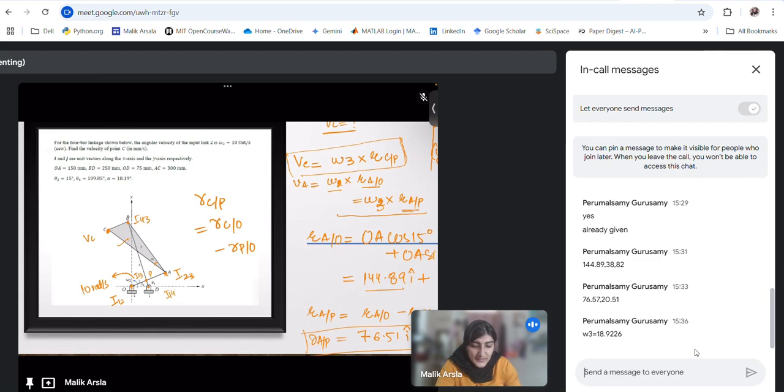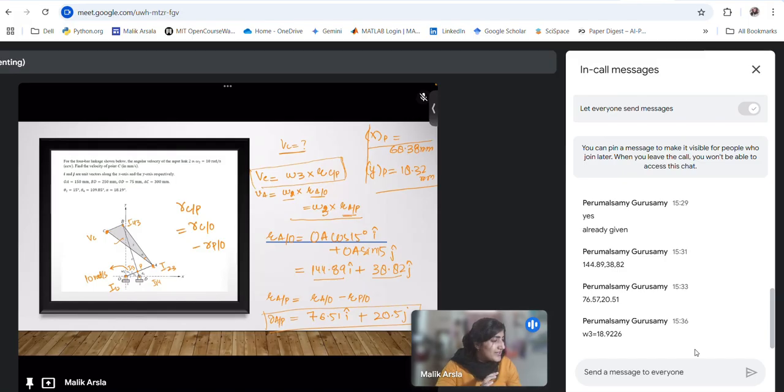RCO can be found out. I think I have done something incorrectly here in the solution.